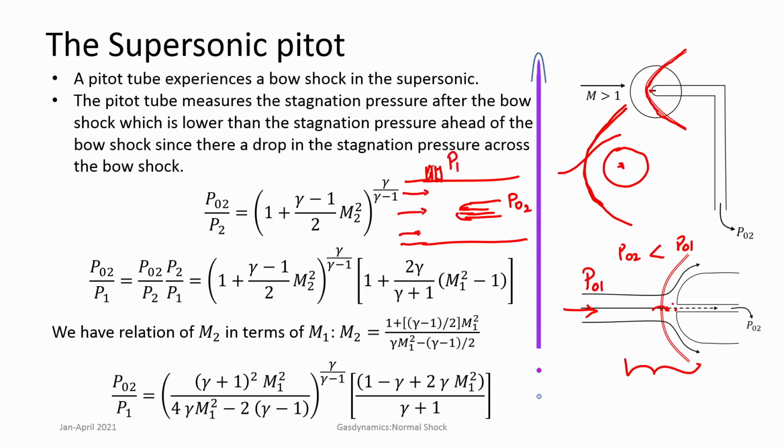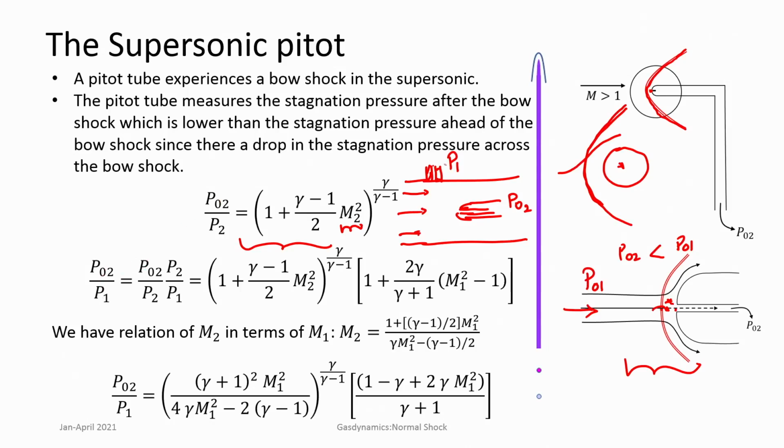So, this is P1. So, usually the measurements are P02 and P1. The stagnation pressure ratio P02 by P2, that is for the downstream conditions of the shock, is dependent on M2 square. But we know that all these values P2, P02, M2, all of them depend only on the upstream Mach number. So, they can be expressed as functions of only the upstream Mach number. That is what is done over here.